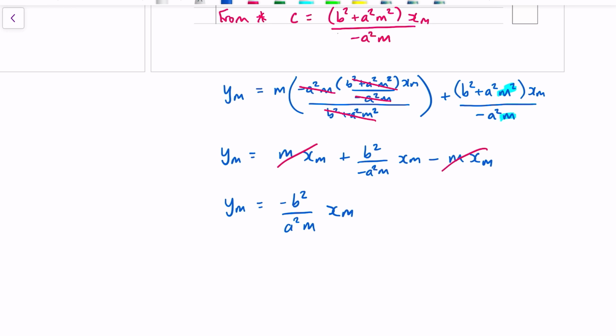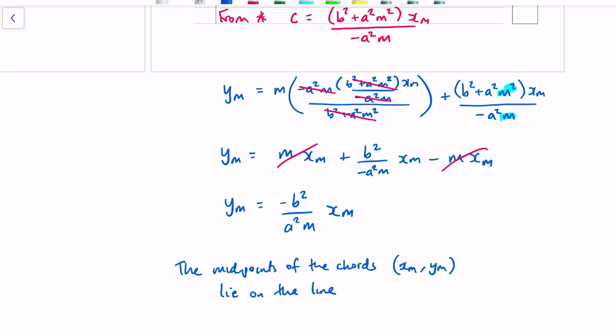The midpoint is on this line, so you can say the midpoint of the chords, xm, ym, lie on the line y equals negative b squared over a squared m times x.